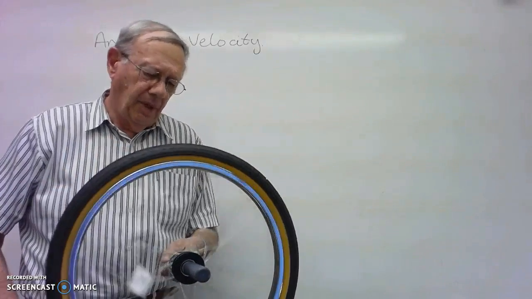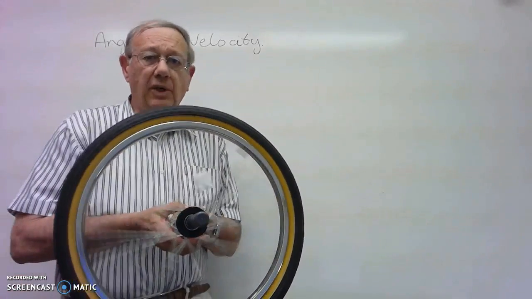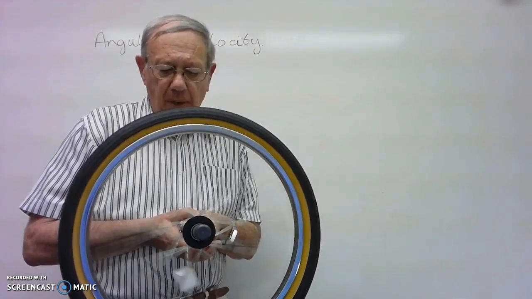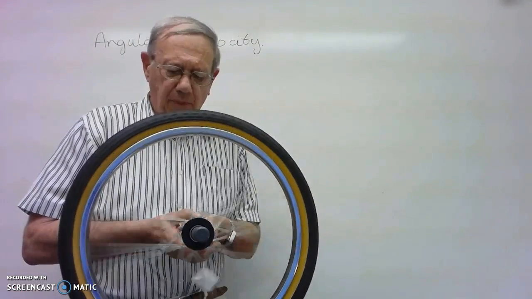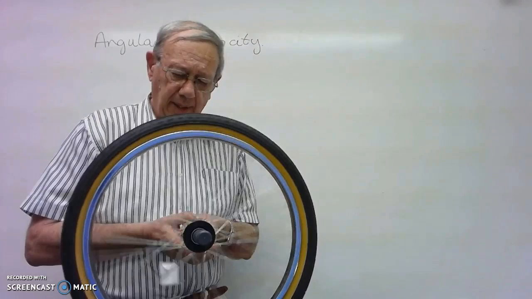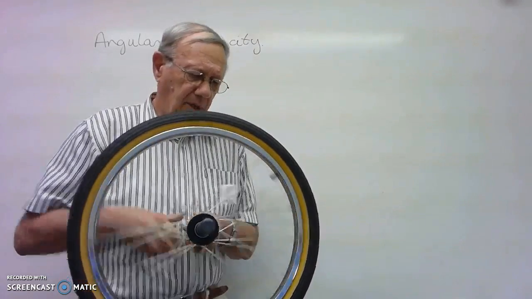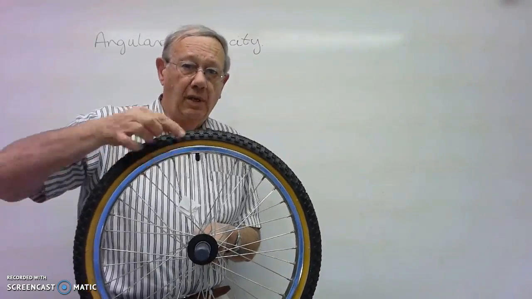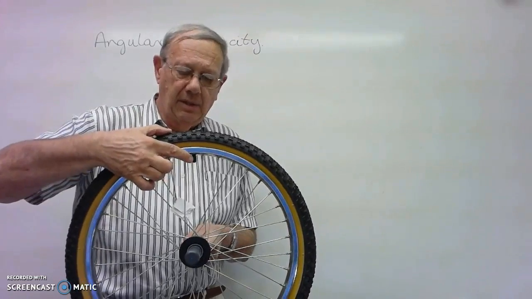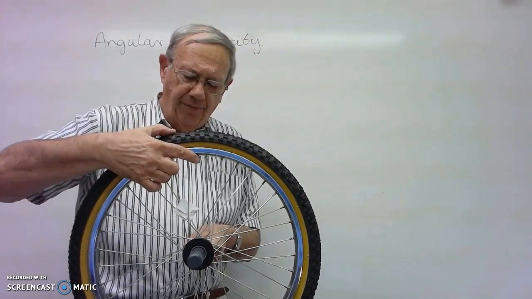So when we look at this, you can see that the little bit of white paper is moving more slowly than the valve here, this little black thing. That black thing there is called a valve.